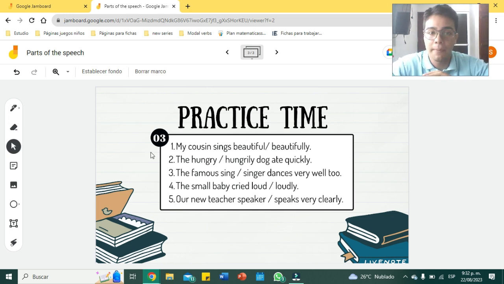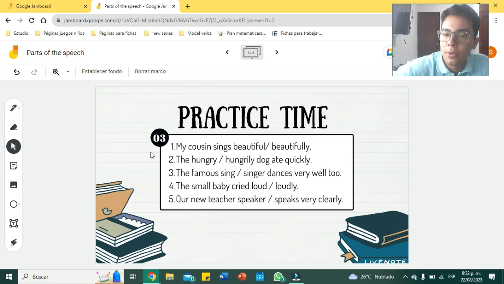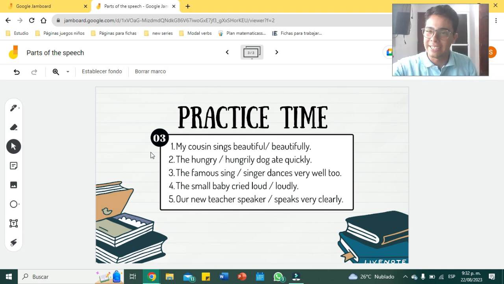So for example, I'm going to do the first one. My cousin sings. Beautiful or beautifully? In this case, here we have an adjective and an adverb. So I have to identify what is the main intention or the purpose of the word in the sentence. We have to take into account the context, and we're talking about how my cousin sings.